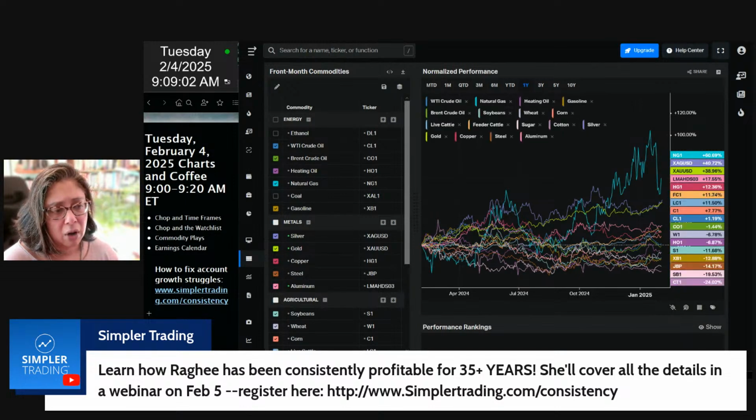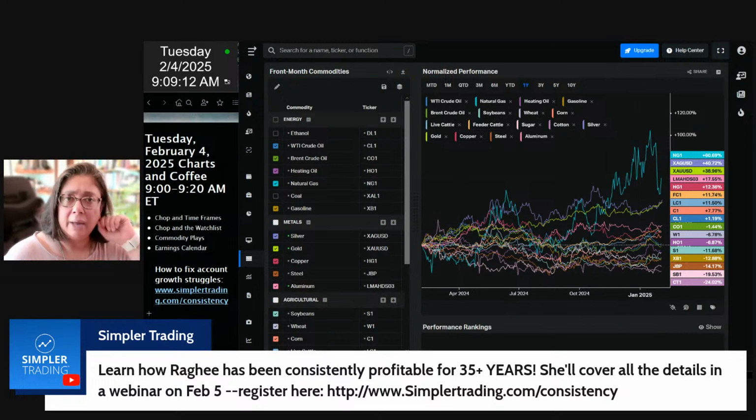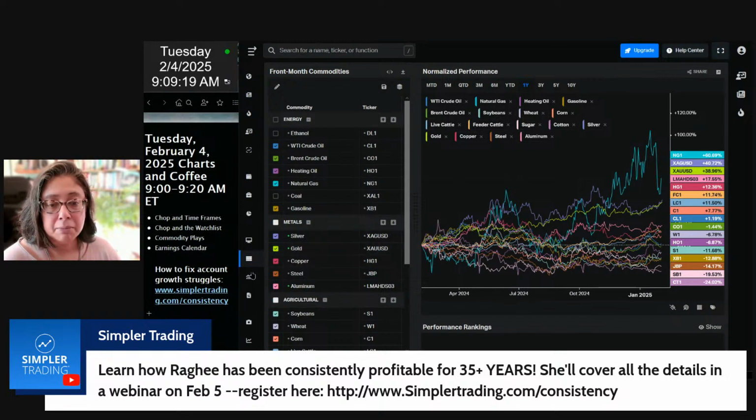So these are all sorts of different commodities, and I'm looking to see which ones are starting to gain ground. Now, if you're not interested in trading commodity futures, no problem. But think about the stocks and the sector ETFs that will key off of individual movement in the commodities.